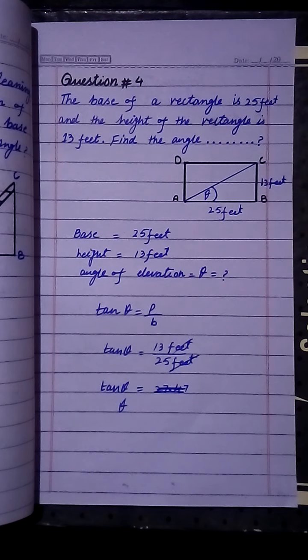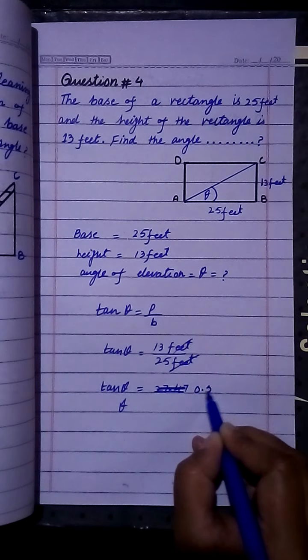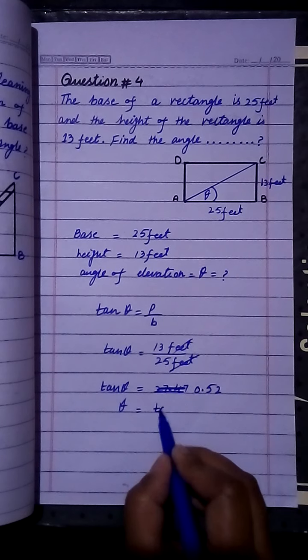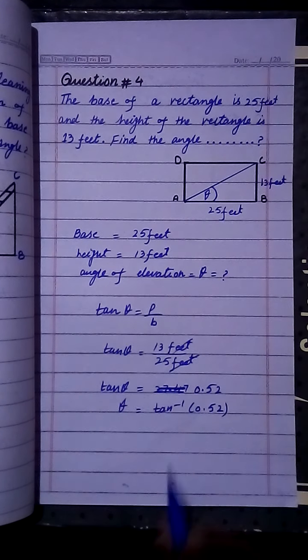So it will be equal to 0.52. Now you are going to find theta, so tangent shifts to the other side, then it becomes inverse of 0.52. Now you have to find the inverse here.